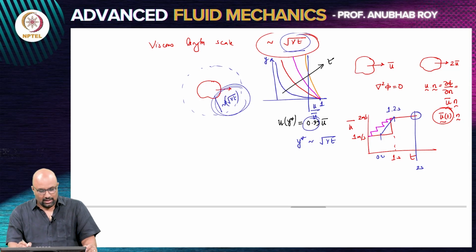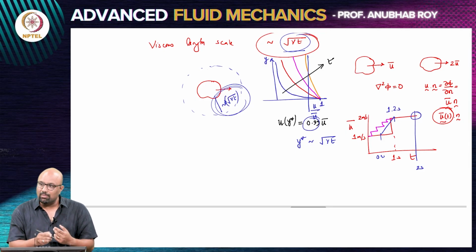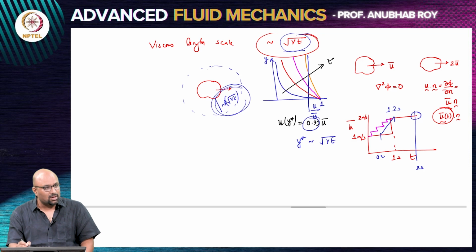Now, this problem of momentum diffusion: when we were starting to learn about kinematics, I mentioned that vorticity is also a very economical way of understanding a problem. They go hand in hand. Certain problems you can understand as momentum transport, but you can also have an equivalent interpretation in terms of vorticity transport.